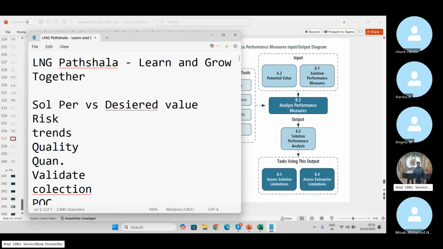Let's say it's three years. I'm using a service now. First year it was down, second year was good, third year is again going down. These are trends. You have to see the previous trends as well.